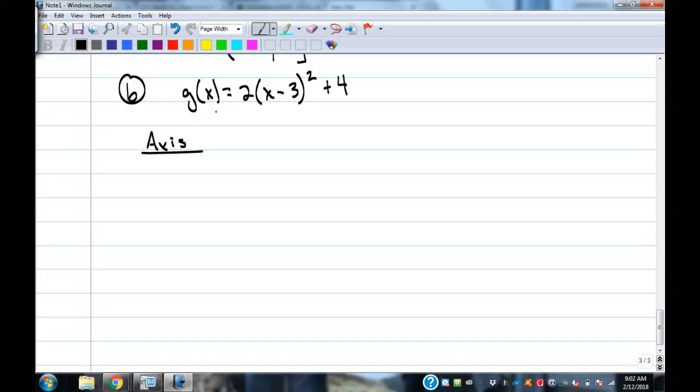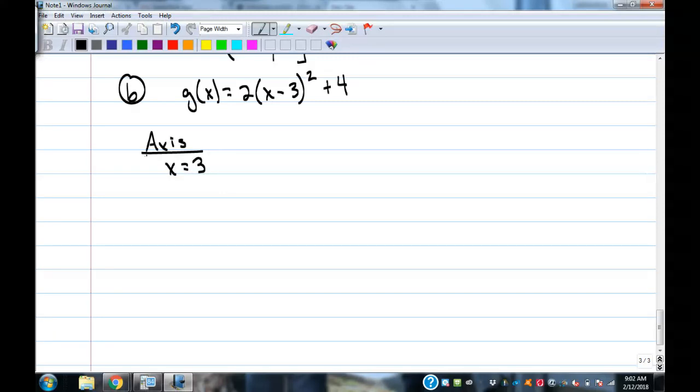The axis of symmetry, I'm just going to abbreviate there, so the axis is going to be x equals what? Is it positive 3 or negative 3? Positive 3. Remember, you take the opposite of whatever's in there, so the opposite of minus 3 is plus 3.